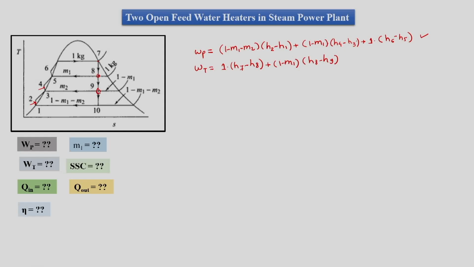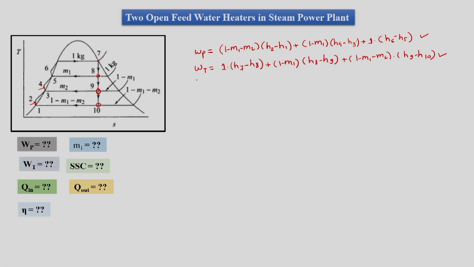Then the third part of the turbine handles 1 minus m1 minus m2 and it reduces enthalpy from h9 till h10. Then this is the complete turbine work.